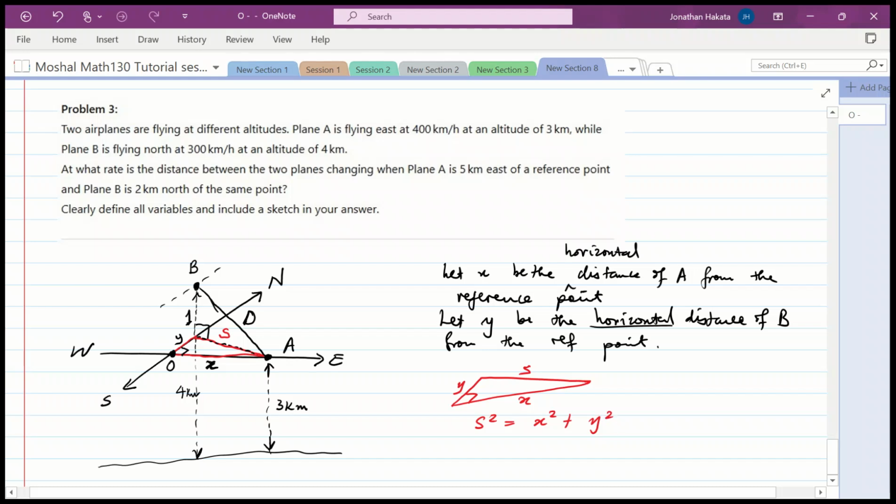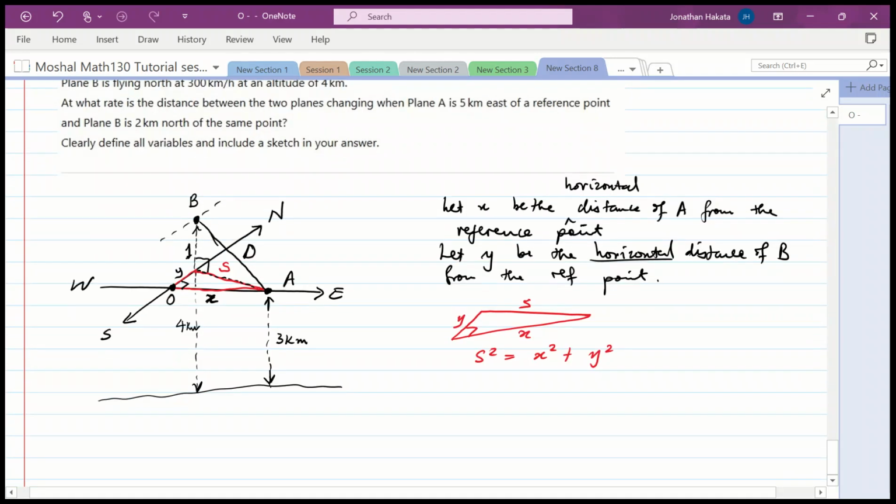Okay? But we are not concerned about S. We are concerned about D, because D is the distance between these two planes. All right? So then let's come up with an equation for D. Look at this triangle. Let me take a different color, the blue one this time.